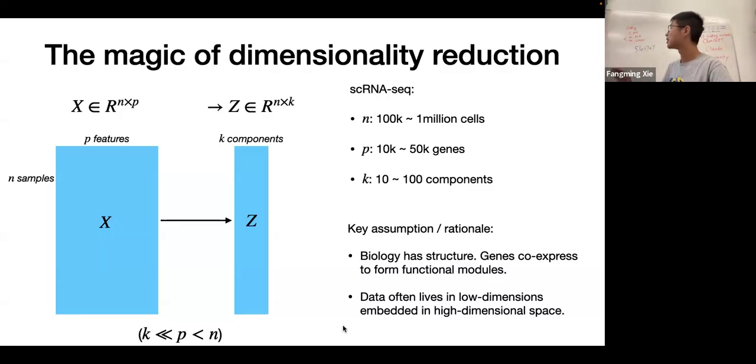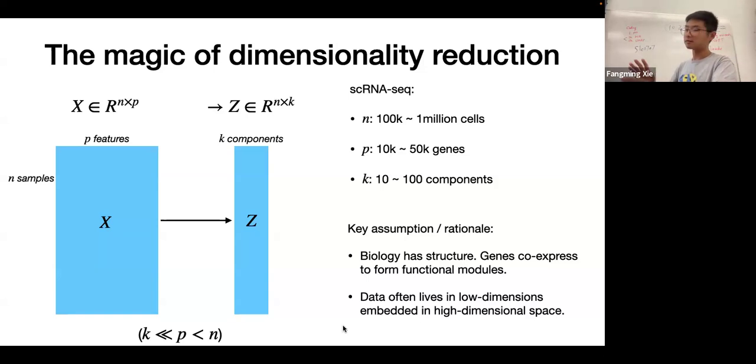From the data structure perspective, in data science language, data often lives in a high dimensional space to begin with. By high dimensional, I mean the dimension of your features, P. If you have 500 genes, the data of a cell can be regarded as a point in that 500-dimensional space.